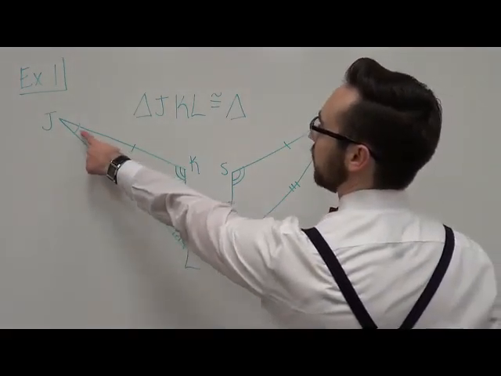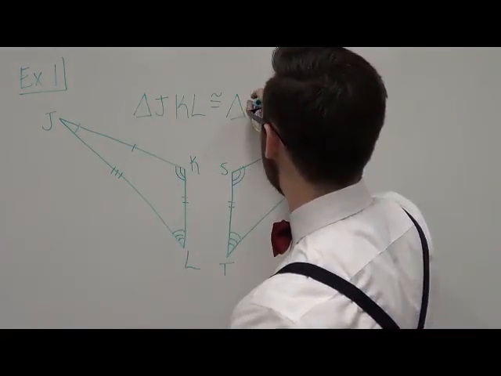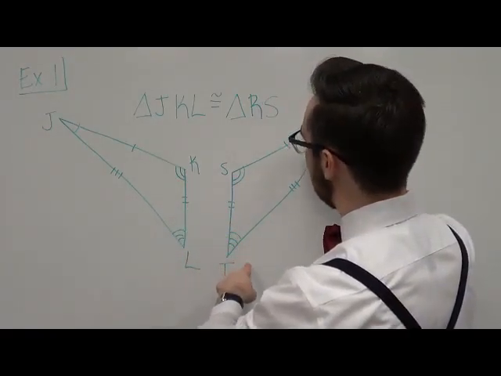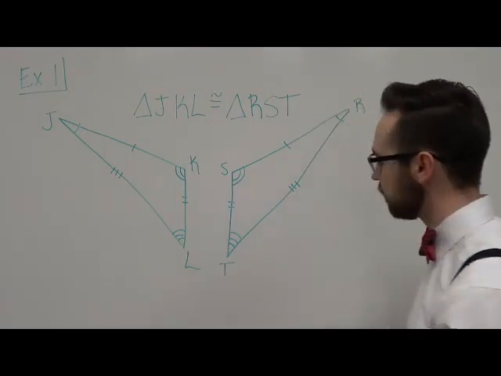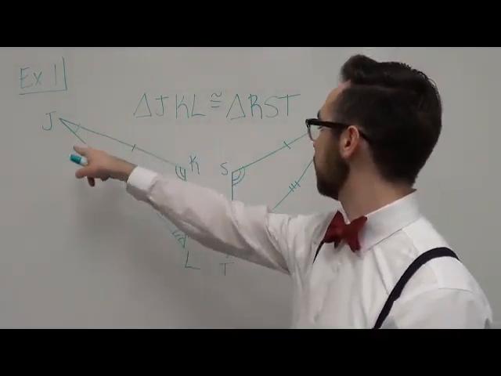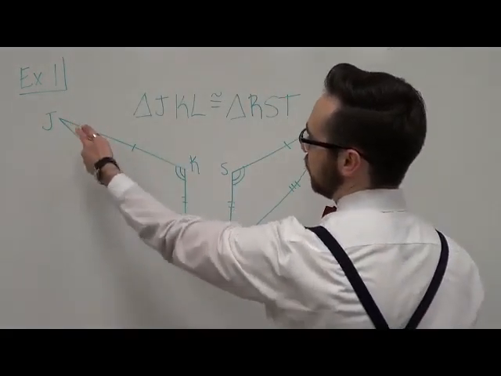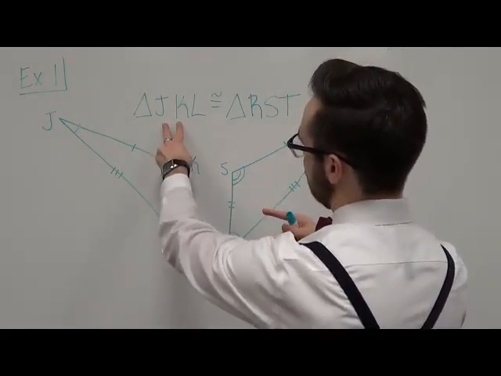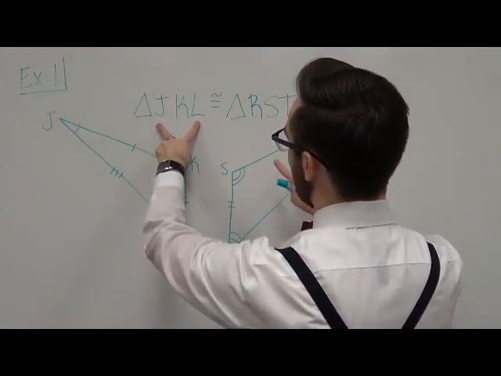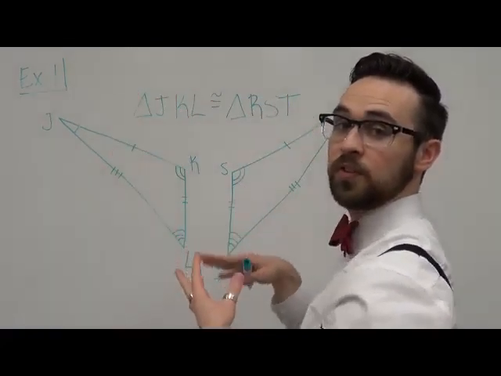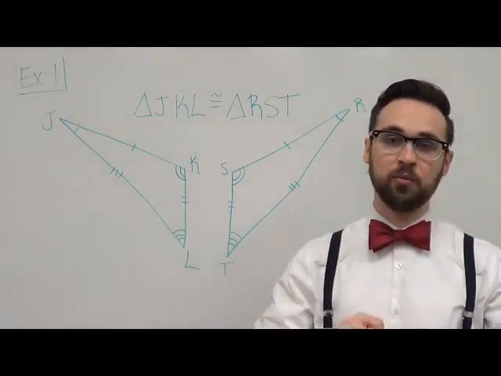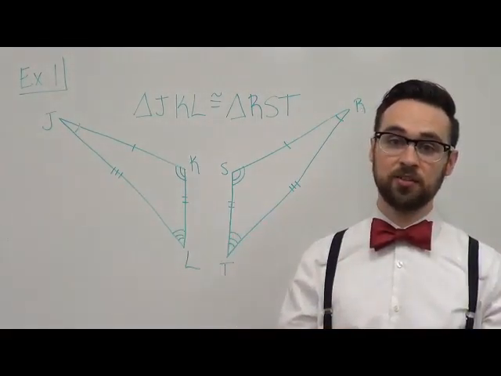Now, the one that corresponds to J is R. So we'd say R. The one that corresponds to K is S. And the one that corresponds to L is T. So angle L is congruent to angle T, K is congruent to S, J is congruent to R, which means JK matches RS, JL matches RT. Notice everything's in the same order, the same relative location. So that's the important part when you're naming them. You want to make sure that they're in the same order, that the angles match, and the sides are also matching.